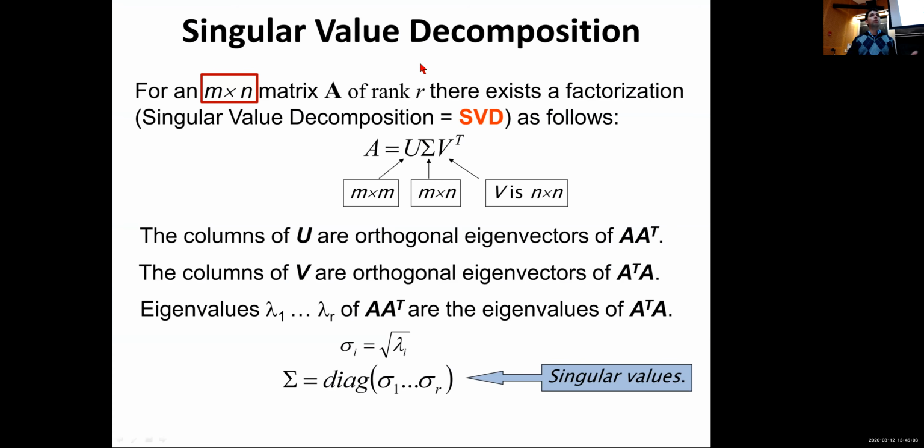So that's where singular value decomposition comes in, where for any m by n matrix of some rank R, there exists a factorization that allows me to now have two slightly different matrices, U and V transpose, that allow me to express the orthogonal eigenvectors of this matrix.